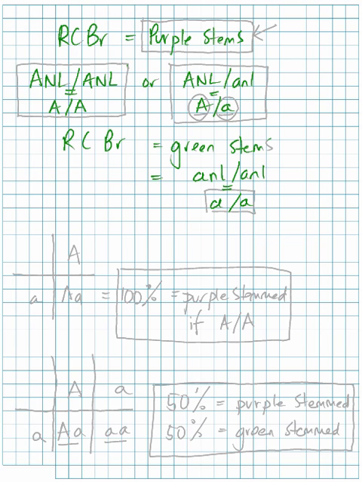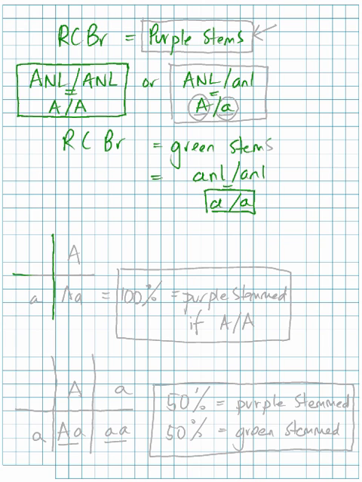Let's assume to start with that our purple stem plant is big A big A. So in that case, we can set up our test cross, and the gametes can only be big A, and down here the gametes can only be little a.